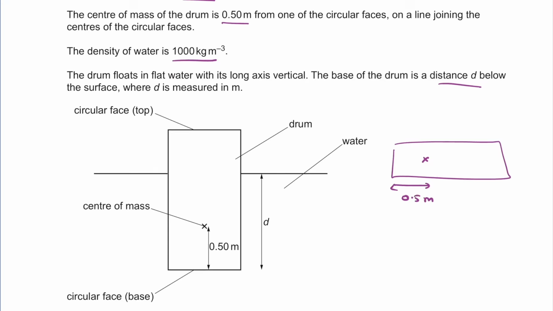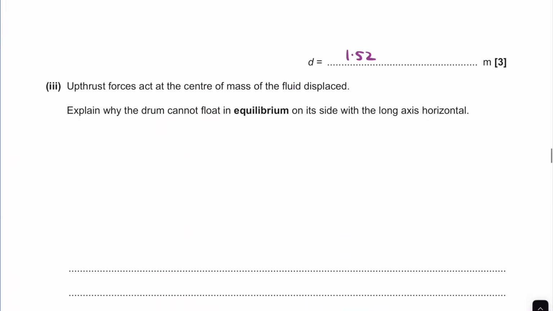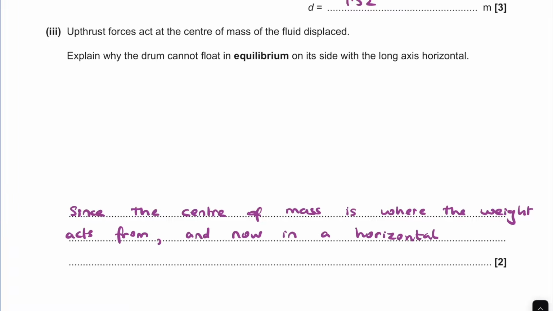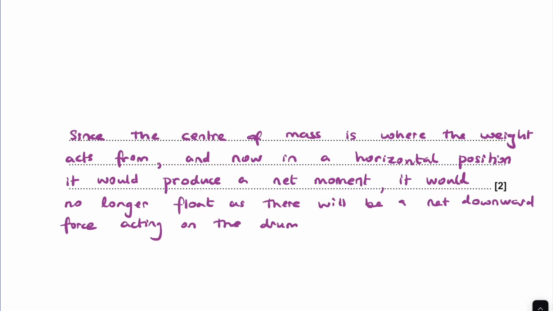Since the center of mass is where the weight acts from, and it's in a horizontal position, it would produce a net moment, which would mean that it would no longer float, as there would be a net downward force acting on the drum. Let's move on to part B.